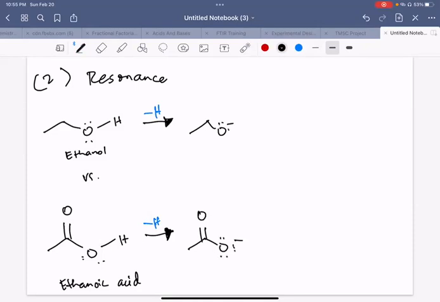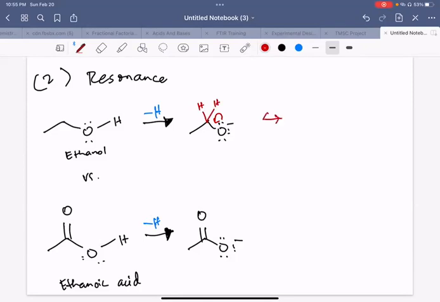If you try to draw resonance for ethoxide, you will defy the octet rule, because remember that this carbon has two oxygens here.